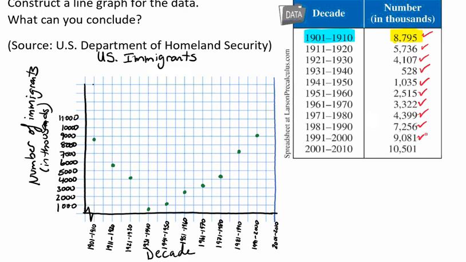And then we'll go ahead and cross that one off. And then from 2001 to 2010, we had 10,500. So in between 10 and 11,000. Once we have all of our points graphed, then we're going to connect the dots with a line. Oops. There we go.